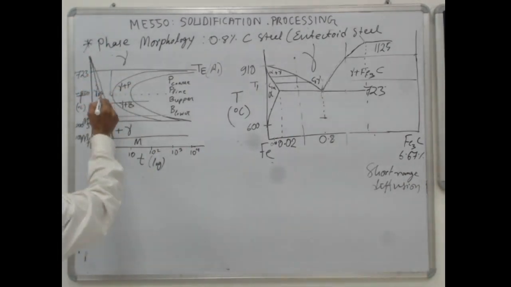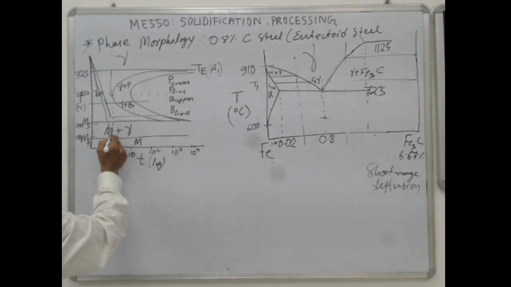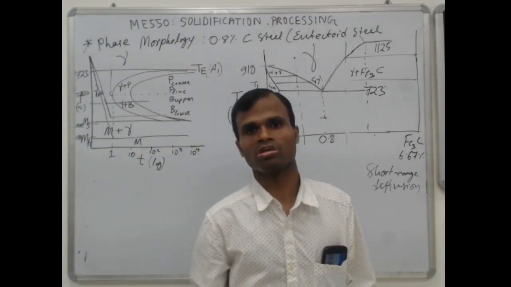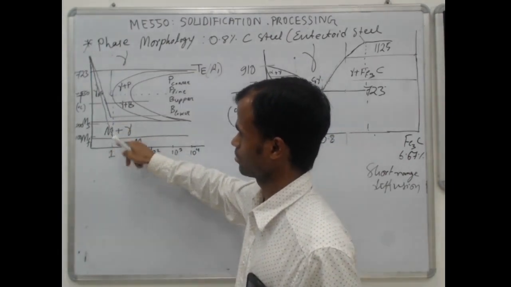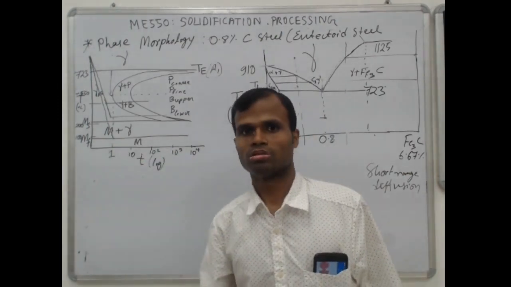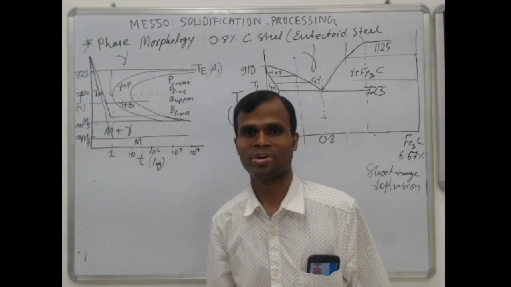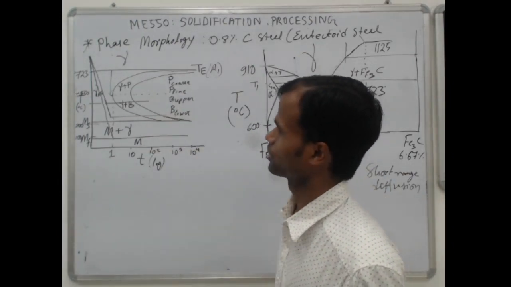You quench it up to this point, quench it up to this point, quench to different temperatures, and you see the fraction of martensite. After a certain temperature, you will not see any change in martensite, or all the austenite will be converted into martensite. This is how you get the start and finishing temperature.